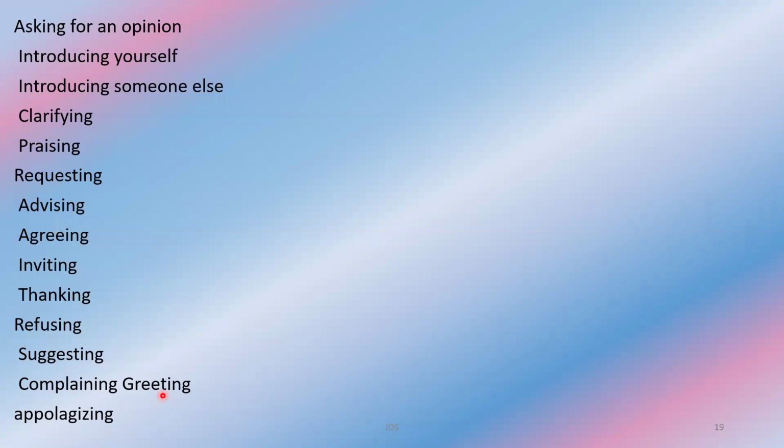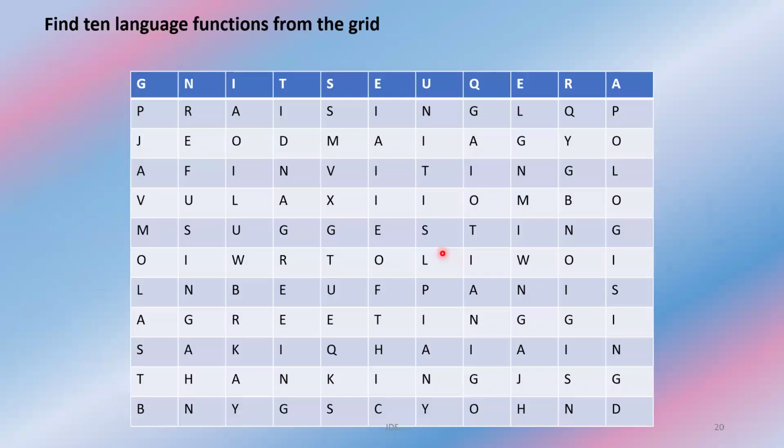All these are different language functions that mostly get related to functional grammar. Now find 10 language functions from this grid. Quickly try to find out any 10 language functions diagonally, vertically, horizontally.